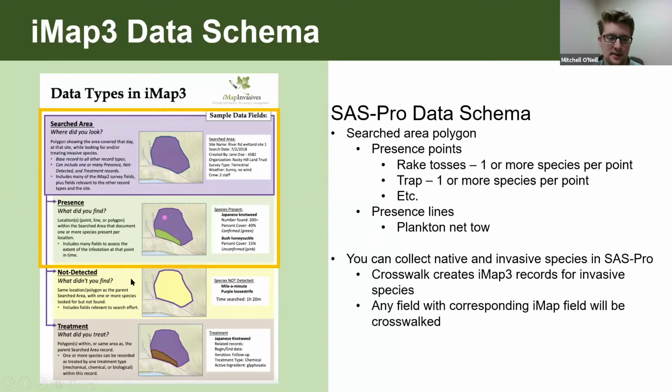And then species that are not found anywhere within the searched area polygon are made into not detected records. And just to reiterate, you can collect both native and invasive species in SAS Pro. The data goes into iMapInvasives, and any field with a corresponding iMap field will be crosswalked into that field in iMapInvasives.